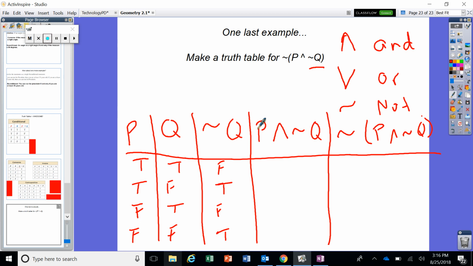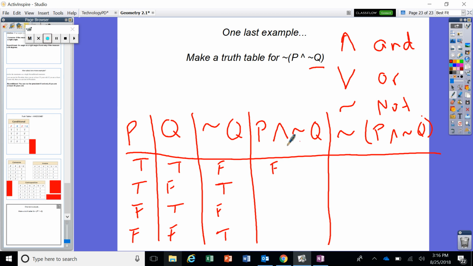Look at the fourth column: P and not Q. For this statement to be true, both P and not Q have to be true. Let's take a look. True and false. That is a false statement.